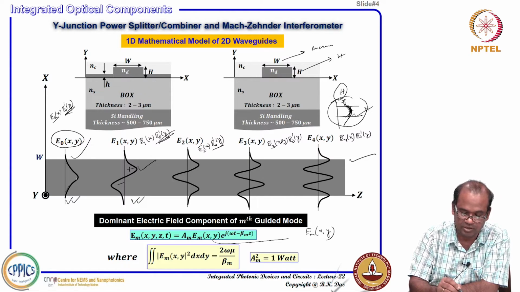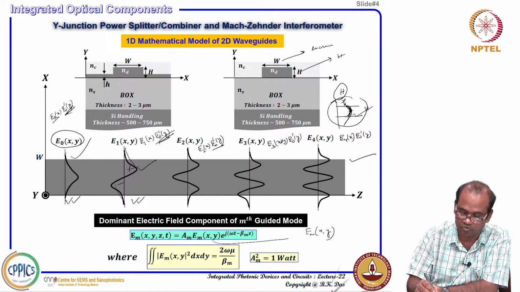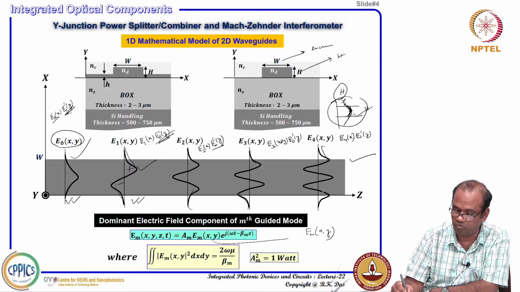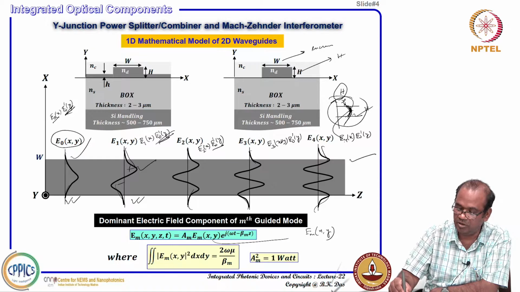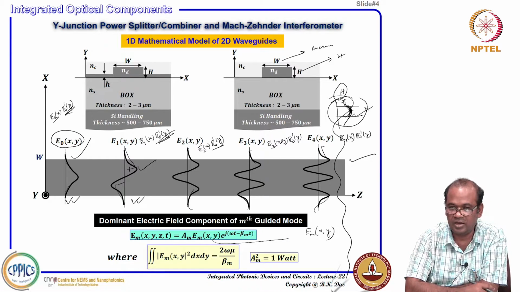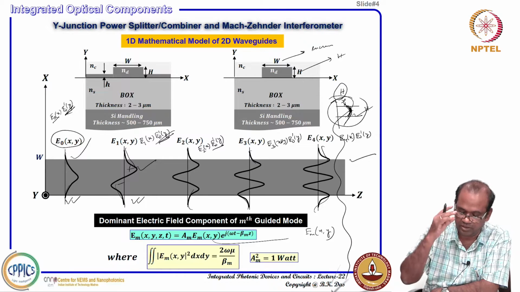You must have observed that the evanescent tail, as you go to higher order modes, extends more towards the cladding, as shown here. If you solve for the higher order modes, you will see that they will be almost leaky. So, a certain number of modes will be supported by this waveguide, which you can derive.